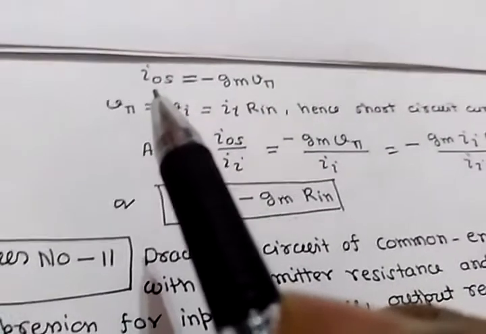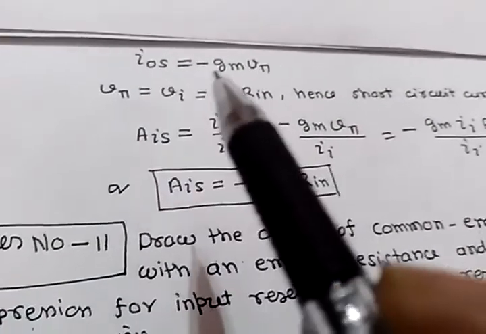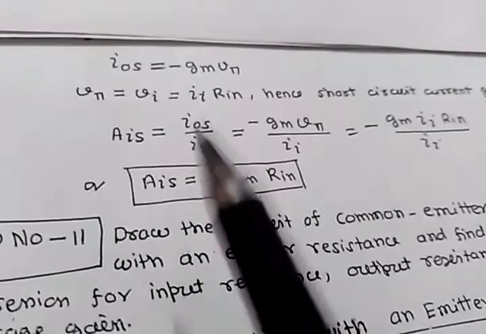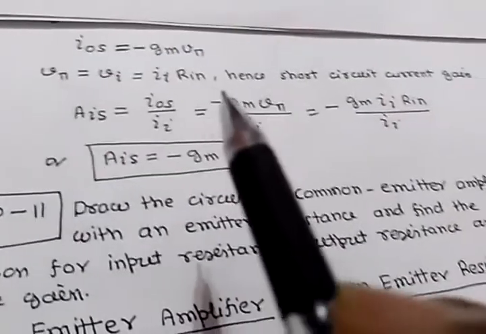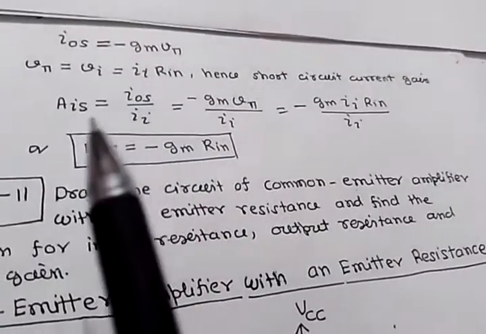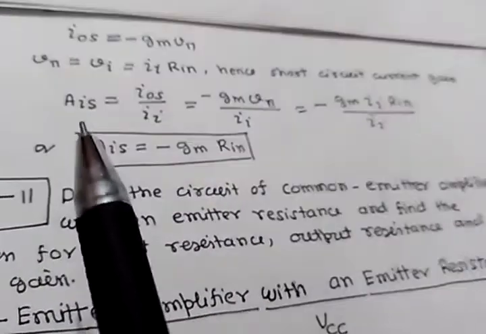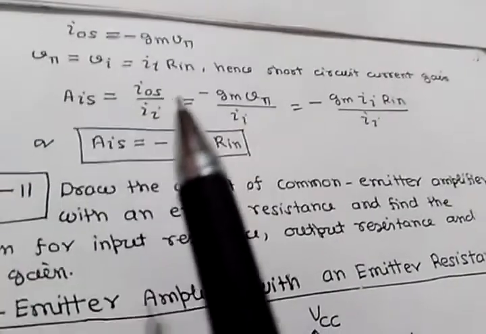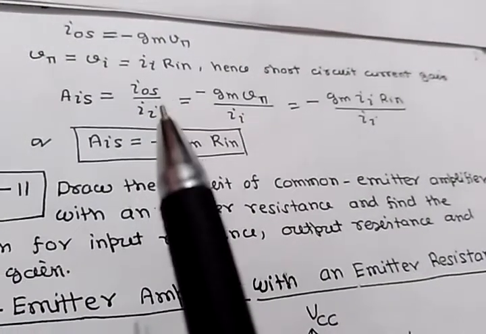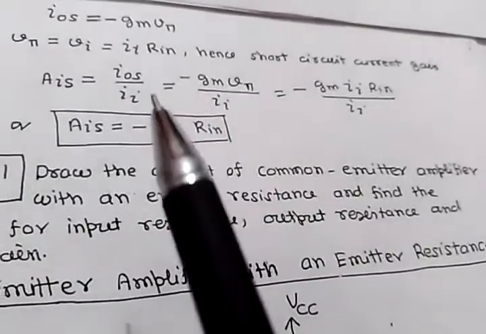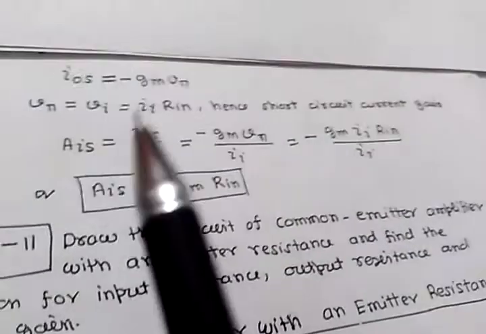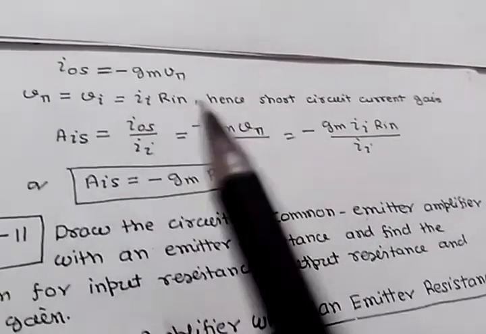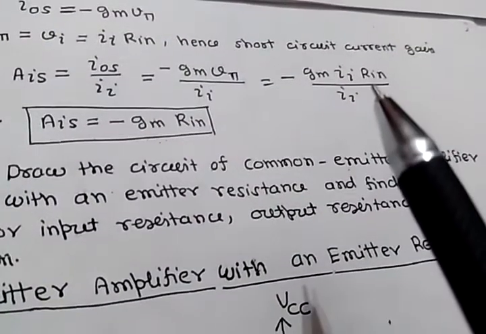Hence we can write short circuit current Ios equals minus Gm Vpi, and Vpi equals Vi equals Ii into Rin. Hence short circuit current gain Ais is short circuit output current divided by input current. Ios upon Ii equals minus Gm Vpi upon Ii. Write the value of Vpi as Ii into Rin. So put the value here.